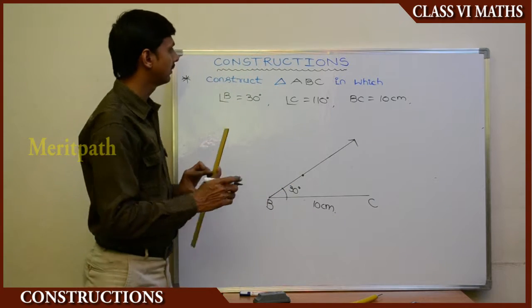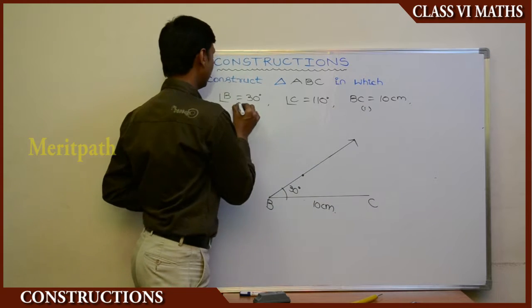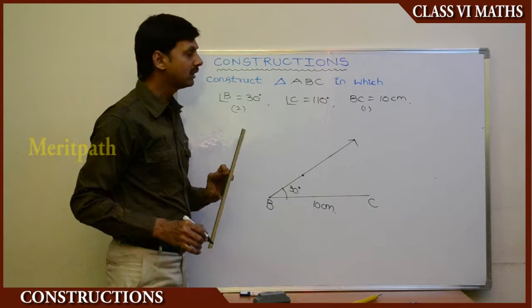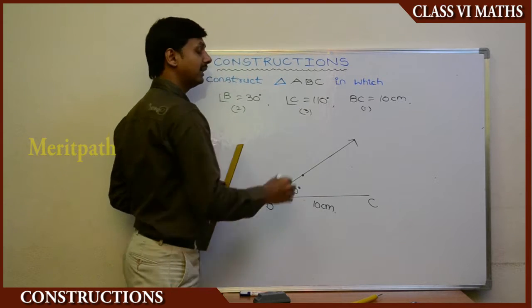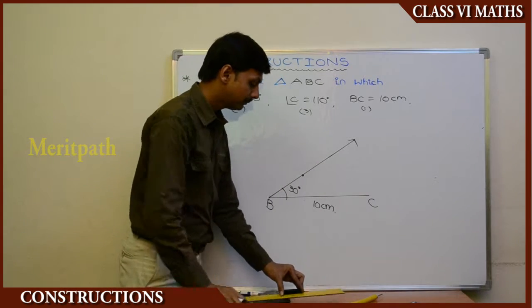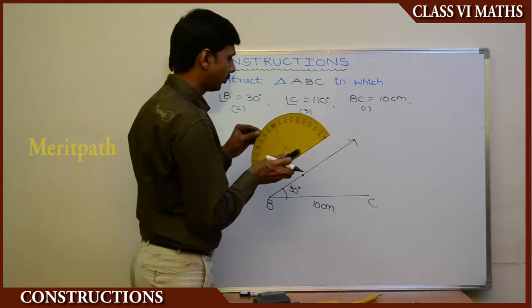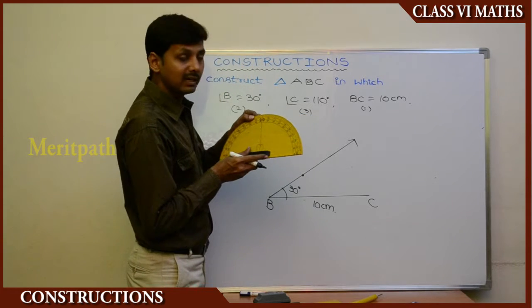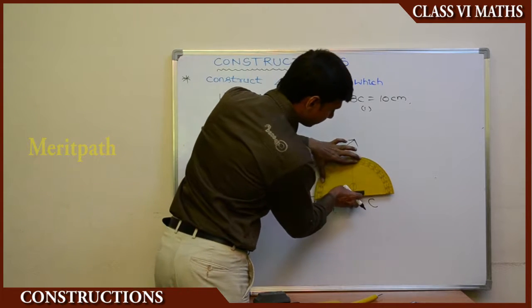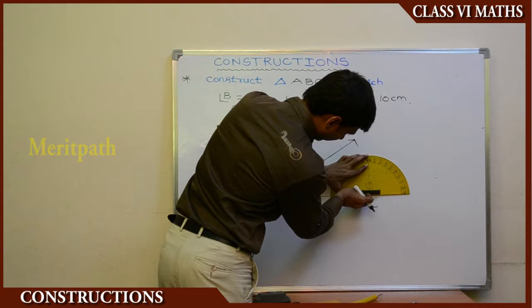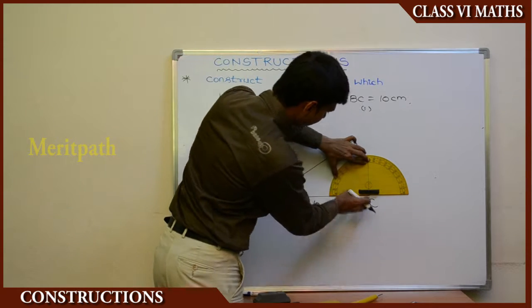Now BC is completed, the first one, and angle B we constructed as 30 degrees. Now we need to construct angle C, which is 110 degrees. Let's take the protractor again.